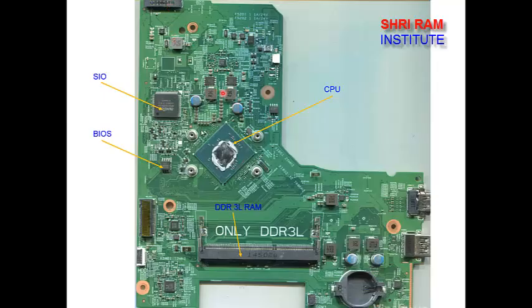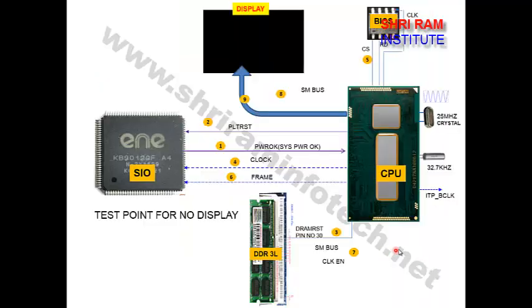Remove the battery and check all the voltages. All coils should give different voltages, right? Now if all coils are giving the voltage, then this SIO generates one signal called the power okay signal, or the system power okay signal.